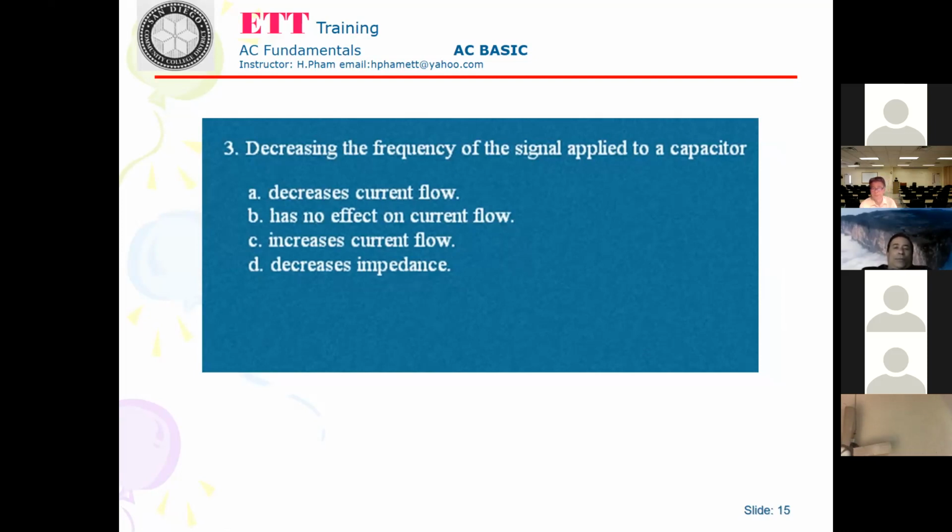When you decrease the frequency, that means XC will be going up, right? So that means impedance is going up. Current will be decreased.